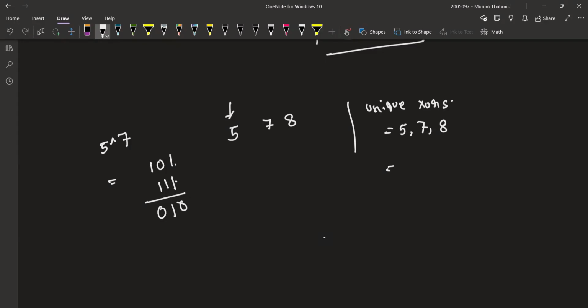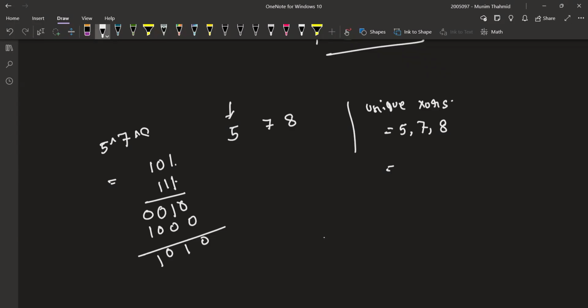Interesting. But we need to do another XOR, right? With 8. 8 is 1, 0, 0, 0. Which is 2 XOR 8, which is 10. This is 10.